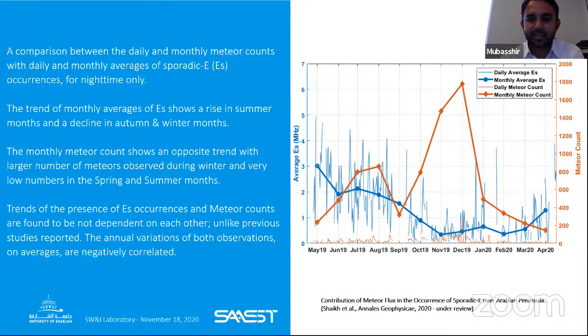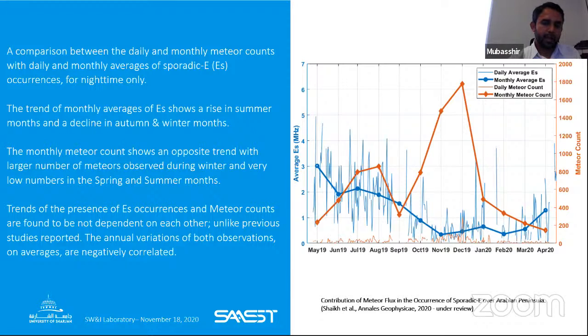The graph is simple enough. You can see the brown line; it is the count of meteors. At the bottom you have a very thin brown line, which is the daily calculation. But when I want to show the big picture, I average them over the month.